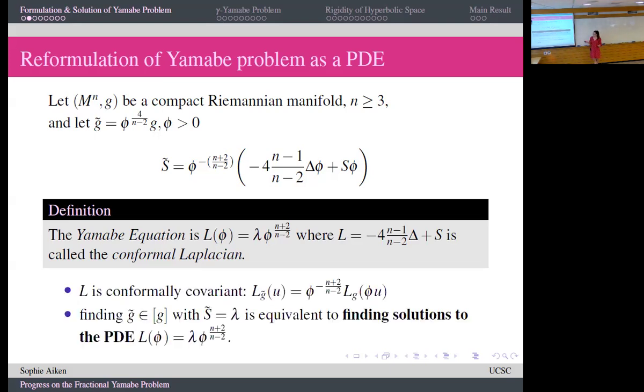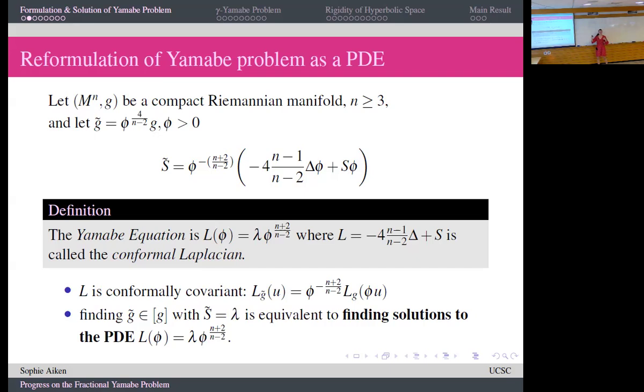We want to notice real quick that the conformal Laplacian is so named because it's a conformally covariant operator. And this shows us how this operator changes with a change of conformal factor phi. And now we've reformulated this geometric question as an analytic question.